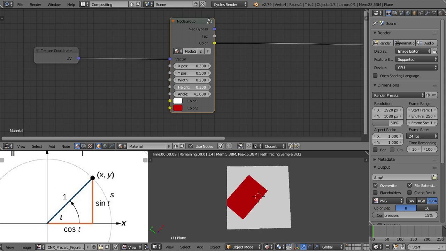I'm sure there might be a reason or two why you might want to have a negative, but it's technically still going to be positive, and now we can control the angle. And the X and Y offsets.